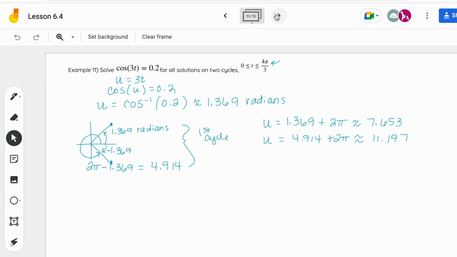So these are the second cycle around. But if these are equal to u, we're not finding u, right? We're finding t. So I need to set 3t equal to each one of these solutions.